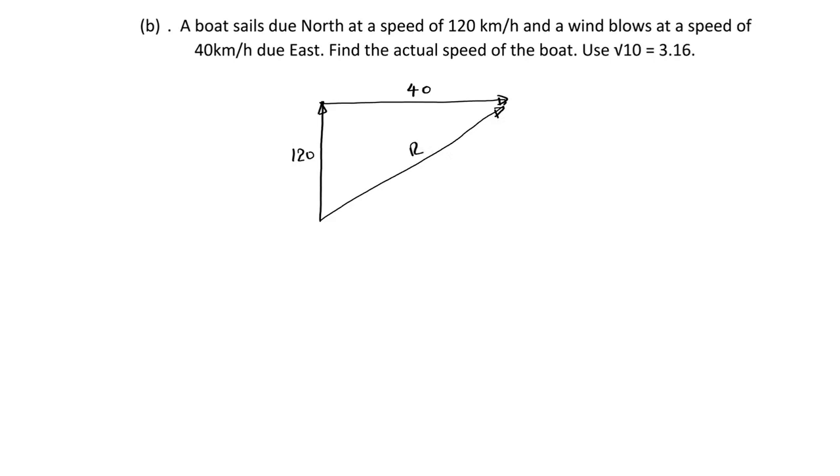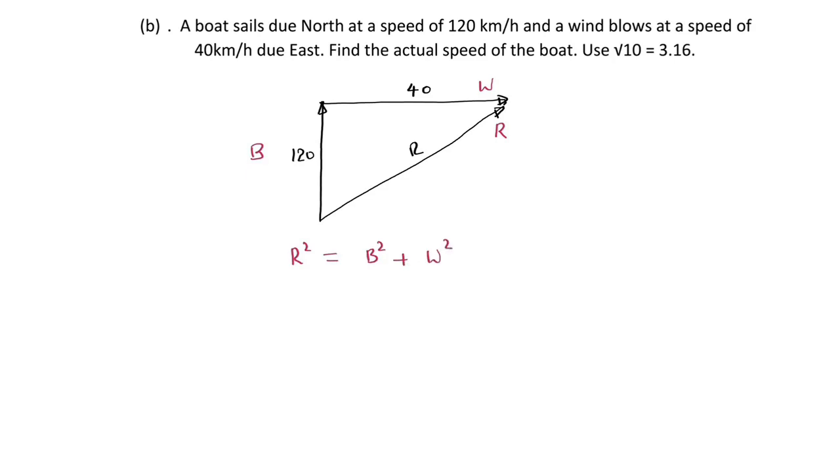Now to get the value of our resultant from the sketch, we are going to use the Pythagoras theorem. We let boat speed equal B, wind speed equal W, and resultant equal R. Then the Pythagoras theorem states that R squared equals B squared plus W squared.